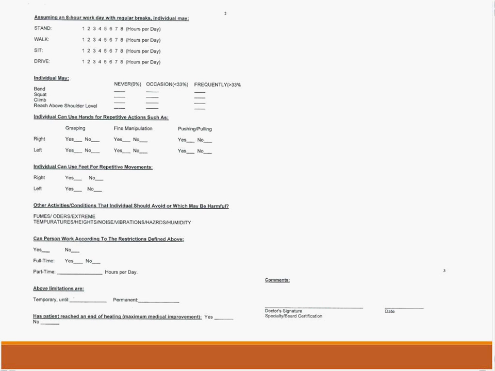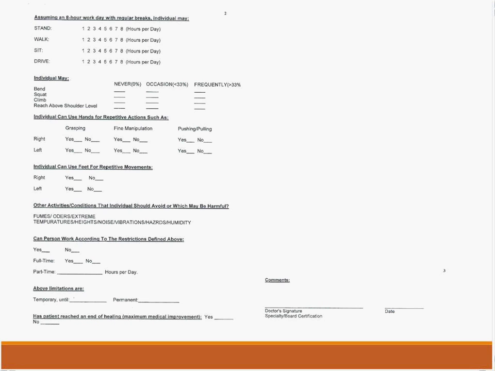Exertion is posture, whether the person has to be sitting while they work, or whether they can stand at least 2 hours in an 8-hour workday, whether they can lift up to 5 pounds, 10 pounds, or 20 pounds, and also how their upper extremities might be in terms of pushing and pulling, bending, stooping, and reaching, and all those physical demand characteristics that are described in the DOT.